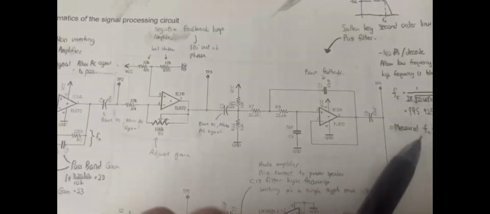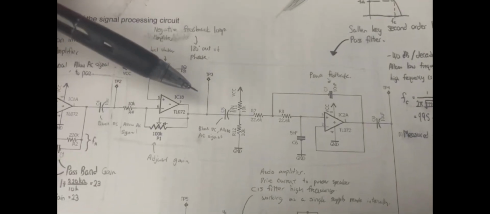As for measuring TP4, test point 4, we will be using test point 3 as our input. We will first set our function generator to 5 V peak to peak, and measure two different frequencies, 1 kHz and 200 Hz.